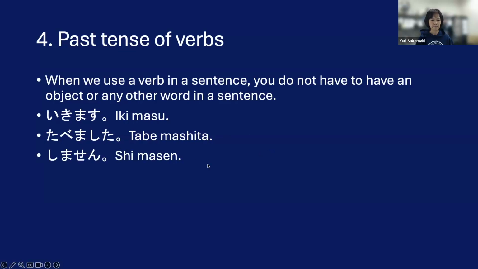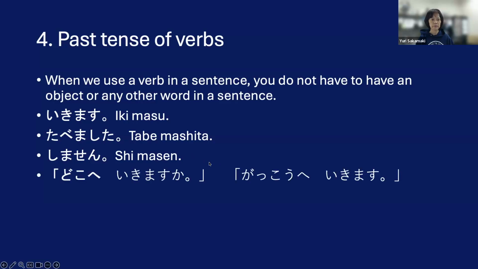しません. Maybe I play sports, or I don't play sports, or I don't do something. You don't know what, but this is an okay sentence. This is a correct sentence. Whereas if you say, like, I have in English, that sounds very awkward, doesn't it? I have what? You have a pen? But in Japanese, you can just have one verb sentence. Okay, so どこへ行きますか? 学校へ行きます. Okay, so if it's どこへ行きますか, where do you go?